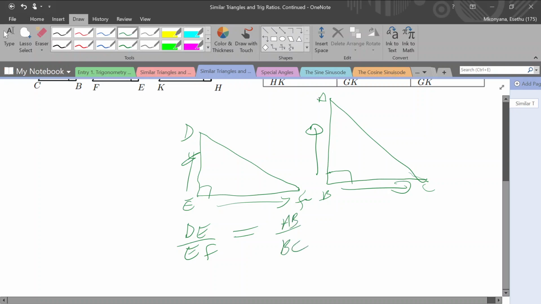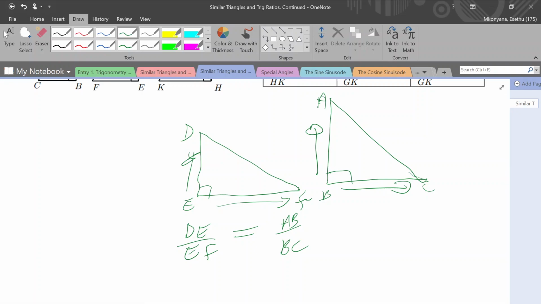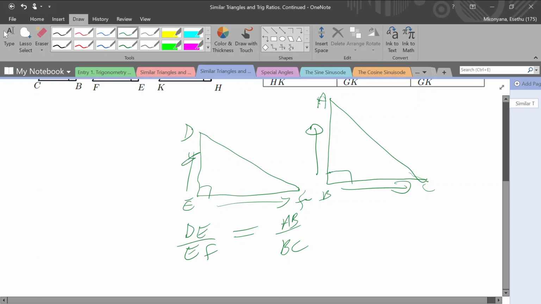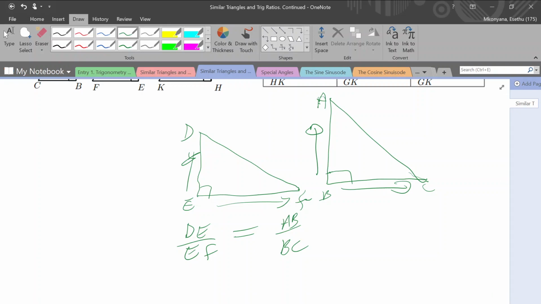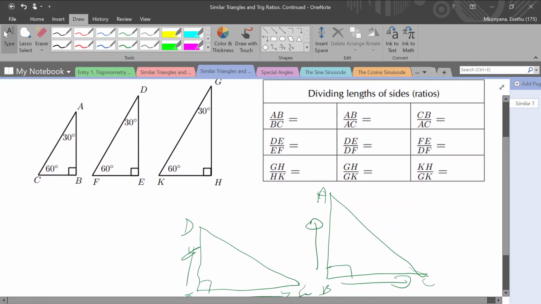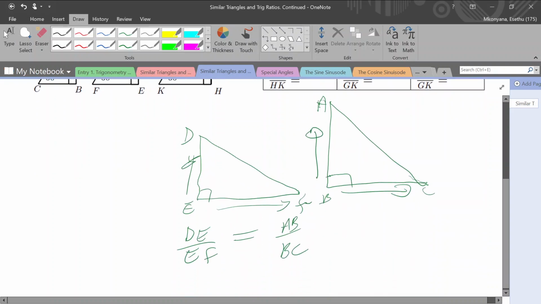I said you can do this experiment for all the possible ratios. There are three possible combinations of ratios for each triangle: DE by EF, DE by DF, and EF by DF. Once you make those three combinations, almost all the possible ratios are accounted for. So what I'm saying here is also very important.